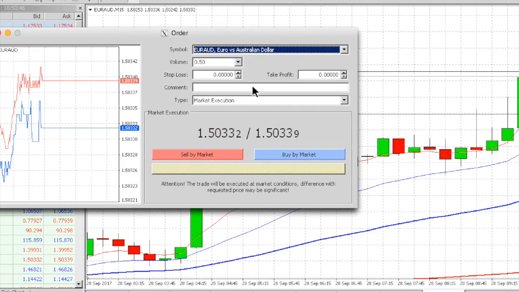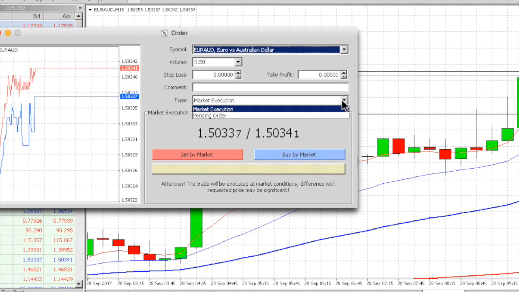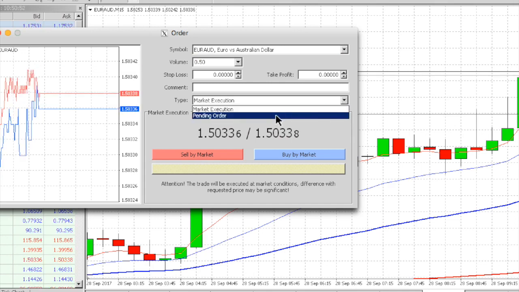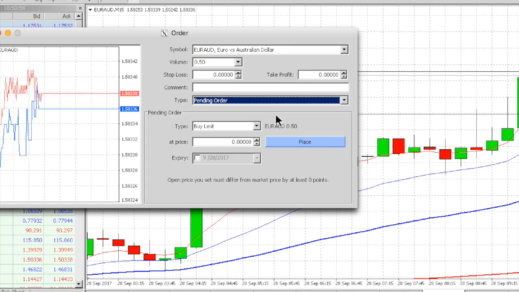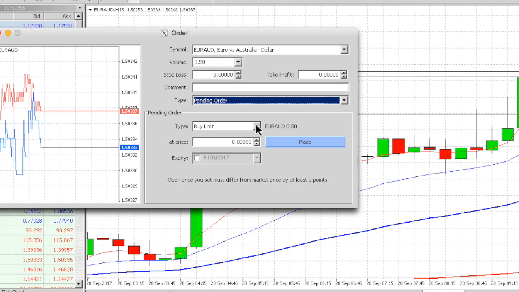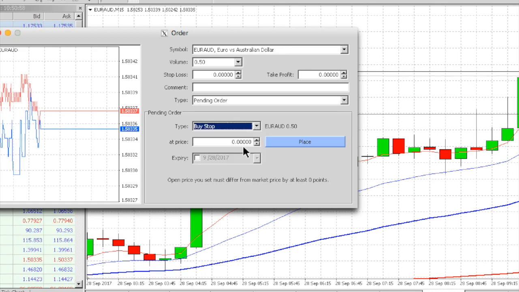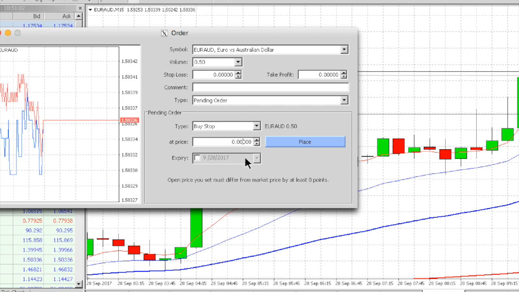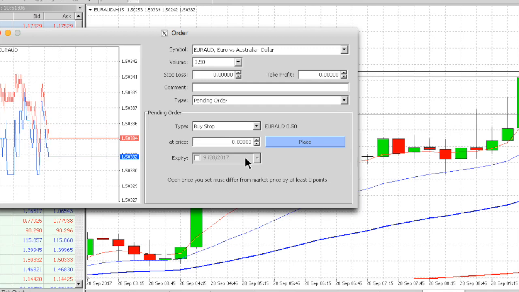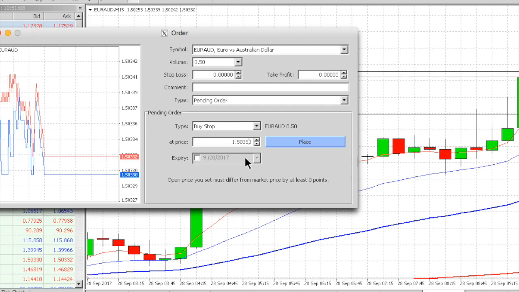Okay, so I'm gonna enter with a pending order, and I'm gonna use a buy stop order. So I'm gonna buy at 1.5035. Okay, so that's my entry price.